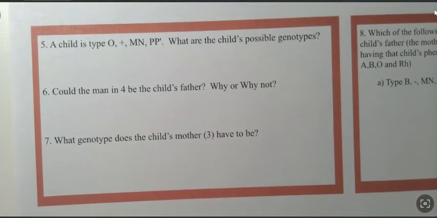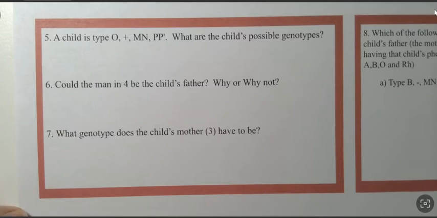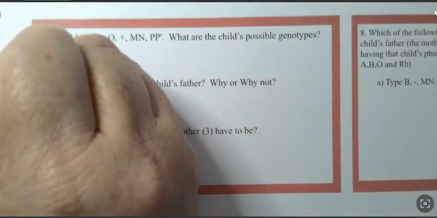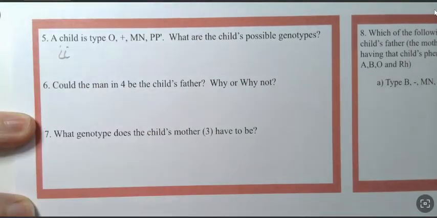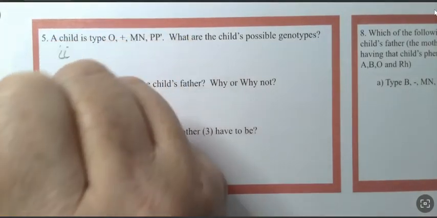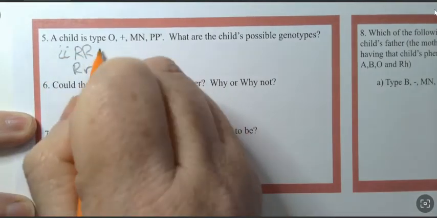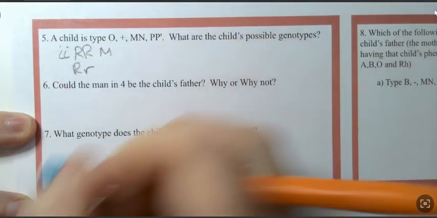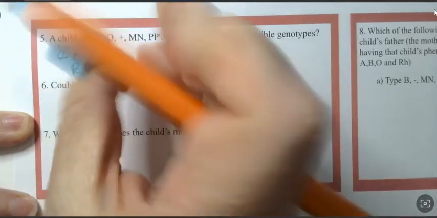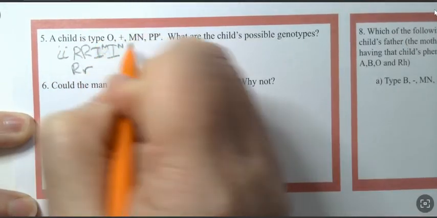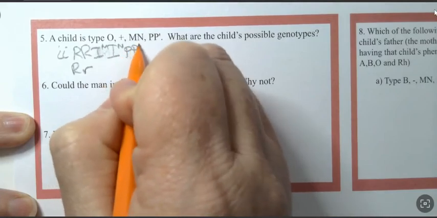A child is type O, positive, MN, PP prime. What are the child's possible genotypes? Same thing happens here. For O, I have to be like this. For Rh positive, I could be this or this. And for, forgot my I's, I-M-N-P, P prime.